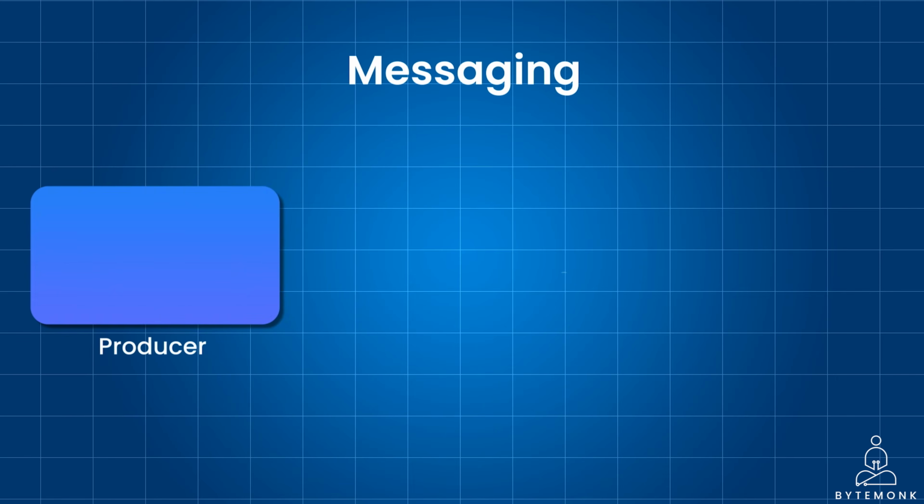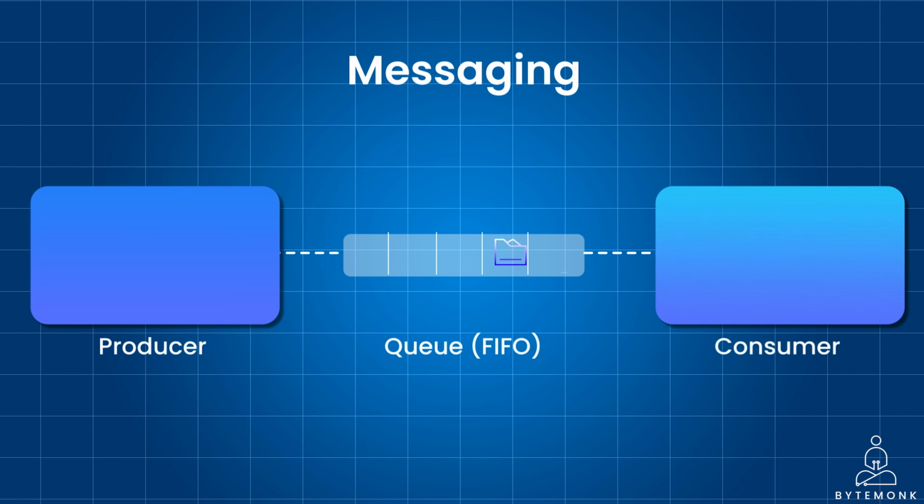A producer, which is the entity responsible for creating and sending messages to one or more queues. A queue, which is a buffer data structure that receives messages from producers and delivers them to consumers in a first-in, first-out manner. Once a message is delivered, it is permanently removed from the queue, eliminating the possibility of retrieving it later. The consumer is the entity subscribed to one or more queues, receiving messages when they are published.